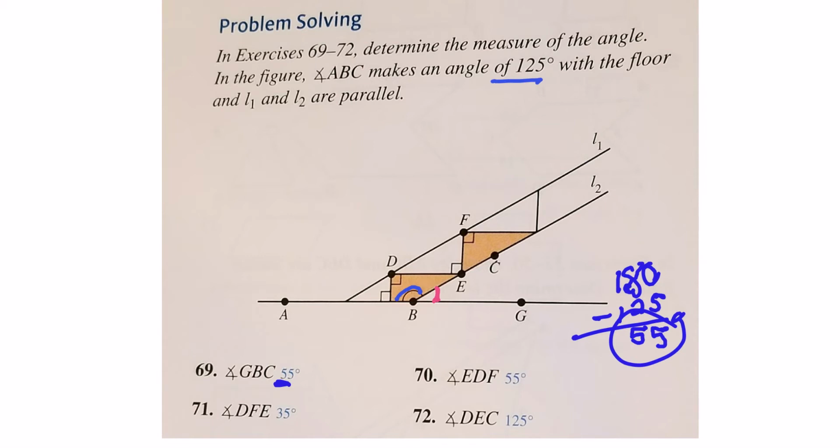Okay. All right, so let me erase this so we can look at 70. Of course, keep in mind we know what GBC is now, because that's going to come in handy for us. So we know this is 55 degrees.